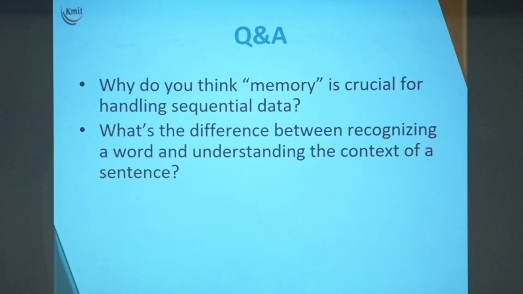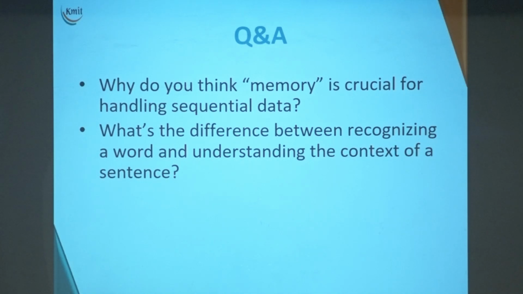So, when I say understanding context, that means what? I should understand meaning of that sentence, store it somewhere, and then predict the next word based on the stored meaning or the stored sentence to which I have understood the context of. Clear enough? So this is the requirement of memory.